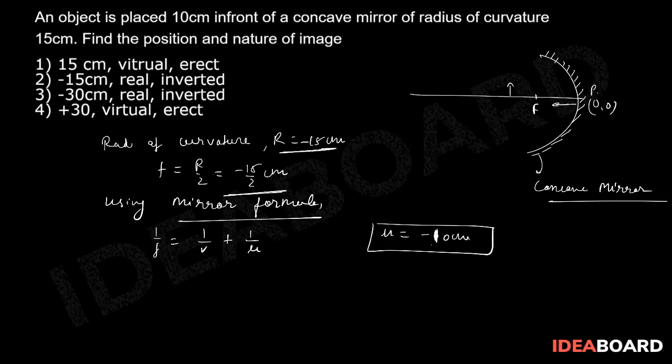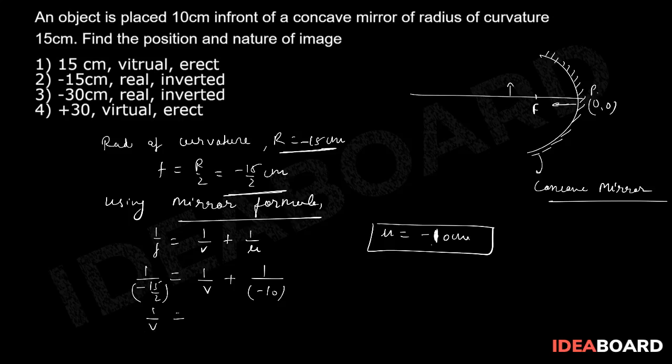So again sign convention comes into the picture, which gives us minus 10. So put the values. So this is 1 upon minus 15 by 2, equal to 1 upon v plus 1 upon minus of 10, right?